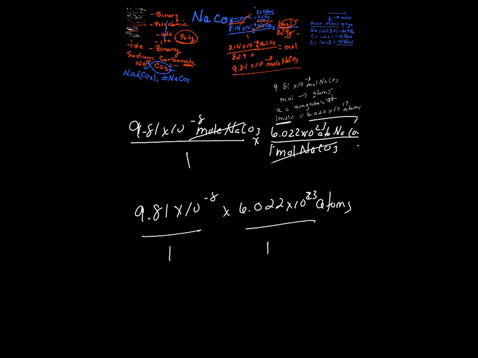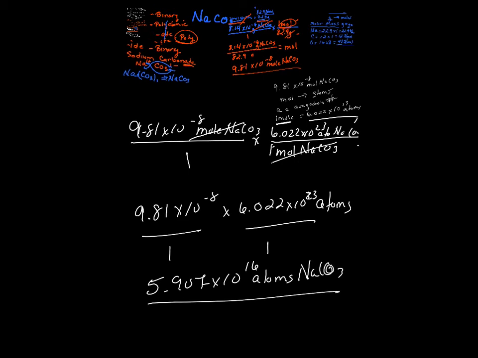So when you simplify all this, you end up with 5.907 times 10 to the 16 atoms of sodium carbonate. Then divide all that by 1. Of course, anything divided by 1 just gives you the same number again.